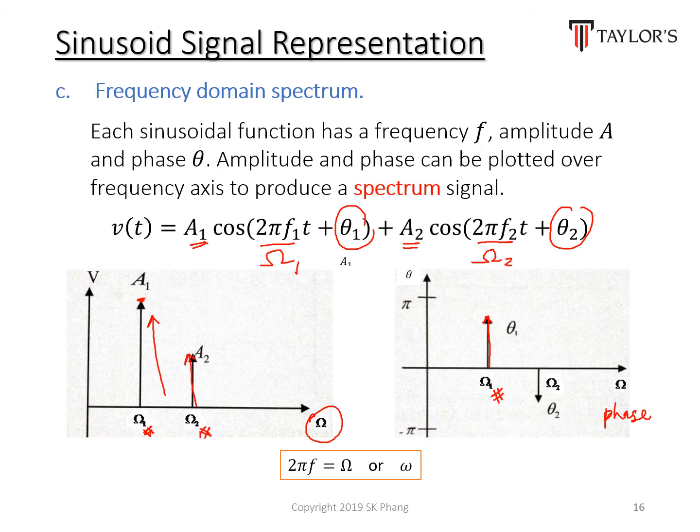And at the same frequency of omega 2, we have a phase of theta 2. In this example, I was drawing a negative theta 2, that's why it is going in the opposite direction. And therefore, please remember, frequency domain spectrums will definitely have a magnitude graph and a phase graph.